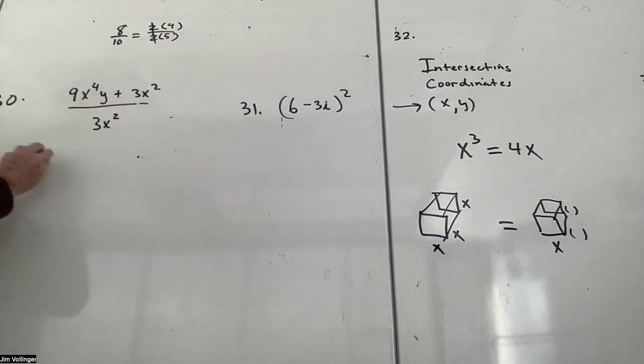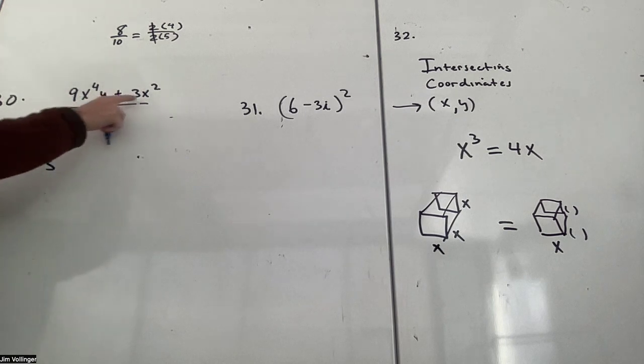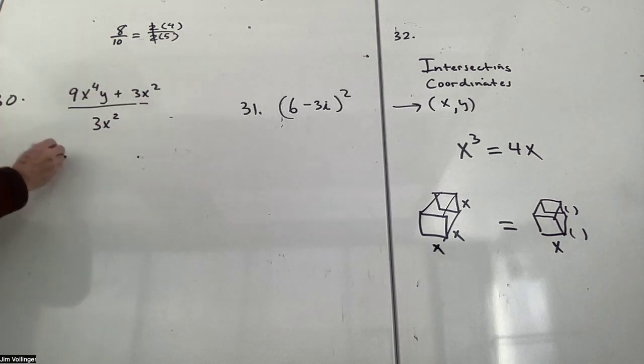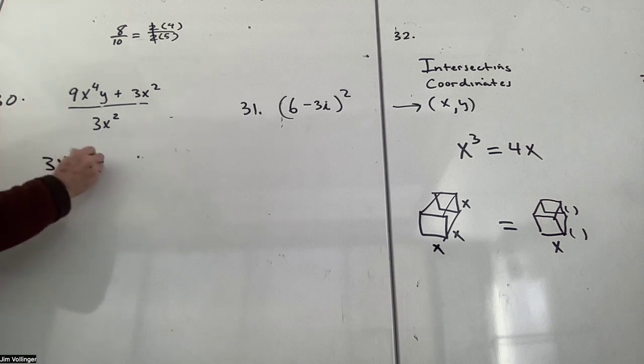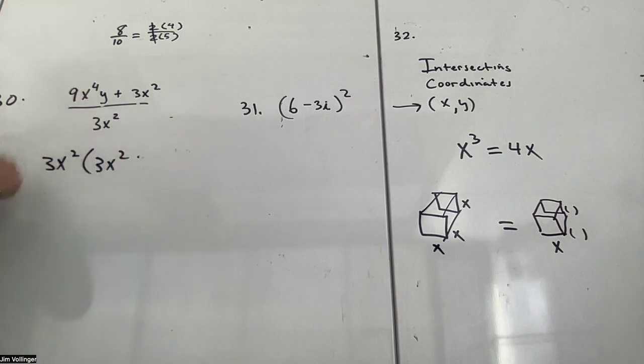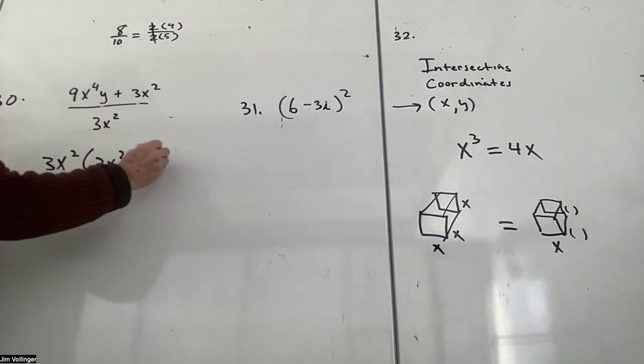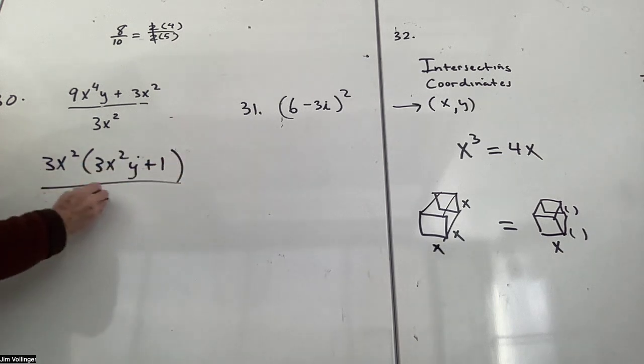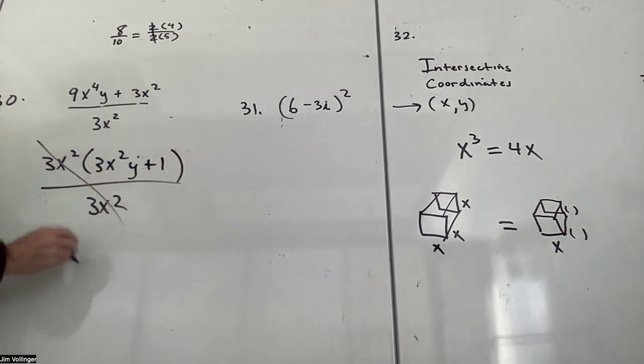What do 9 and 3 have in common? 3. What do x to the 4th and x squared have in common? X squared. What they don't have in common is the y. So I've got to multiply this. 3 times 3x squared gets me 9x to the 4th. I got to bring in a y. And 3x squared times what gets me 3x squared? A 1. And now I'm dividing by 3x squared. I think we can see our answer in the parentheses.